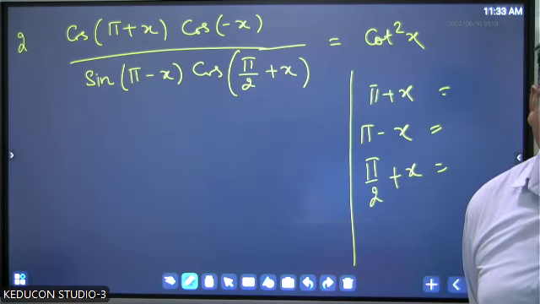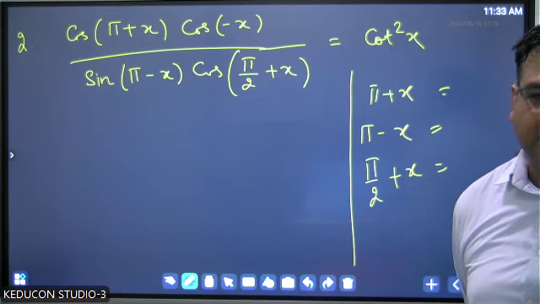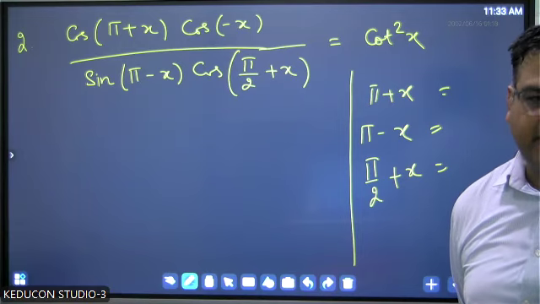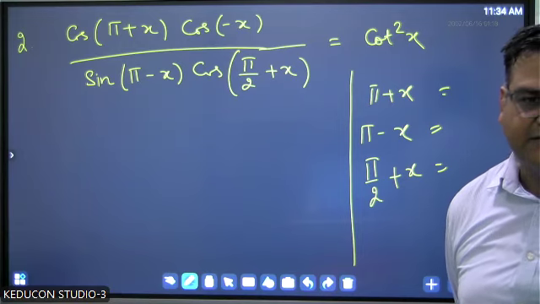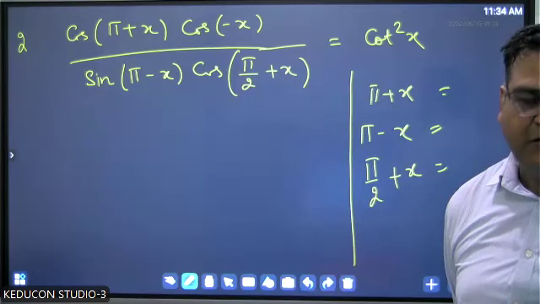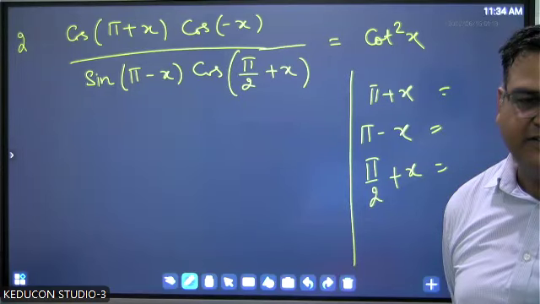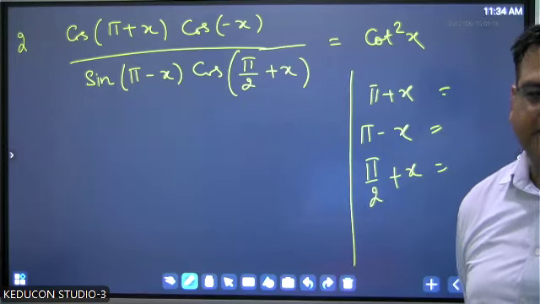Yes, students. Pi plus x lies in which quadrant? Third. Very good. Pi minus x? Second. Pi by 2 plus x? Second. Right?